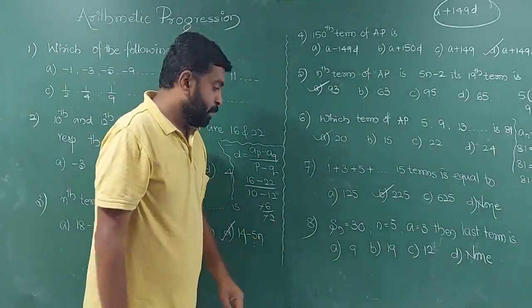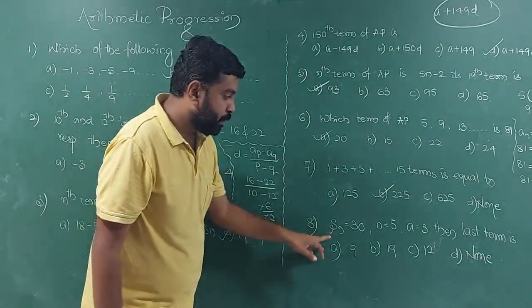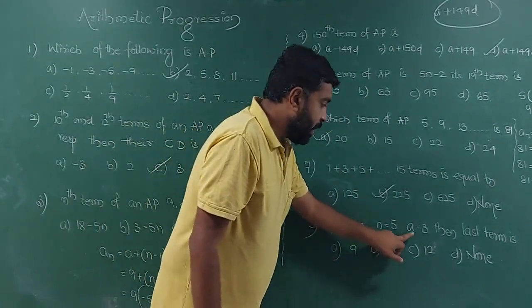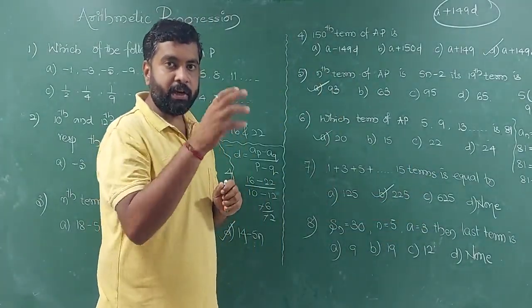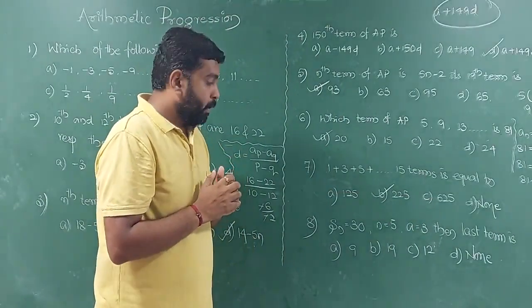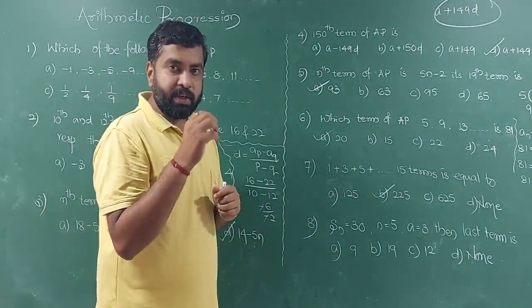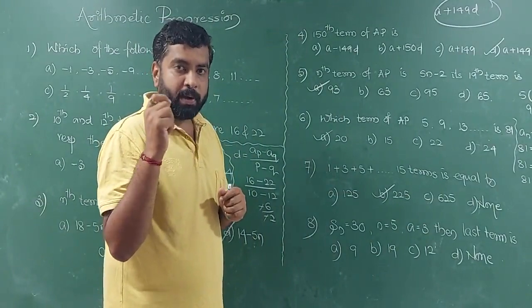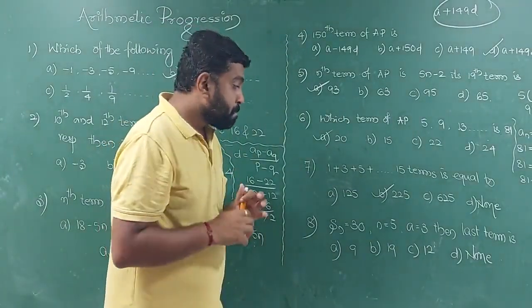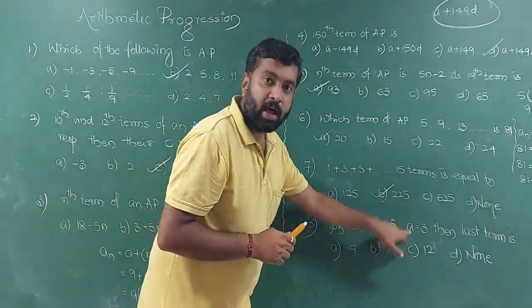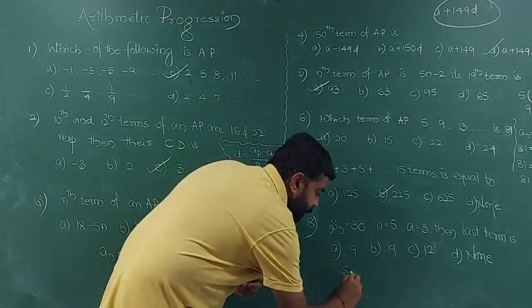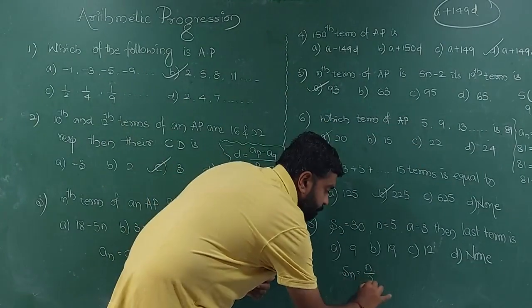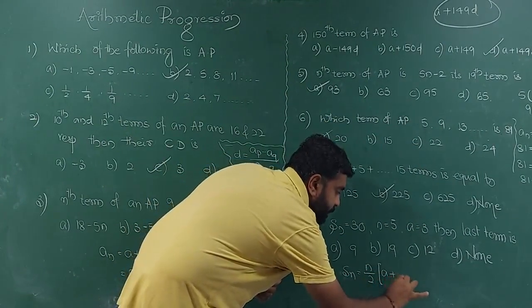Last problem. Sn is equal to 30, n is equal to 5, a is equal to 3. Then the last term is. This is also related to the Sn pattern. Here, instead of using Sn is equal to n by 2 into 2a plus n minus 1 d, they have given the first term and they are asking for the last term. So I'll use this: Sn is equal to n upon 2 into a plus an.